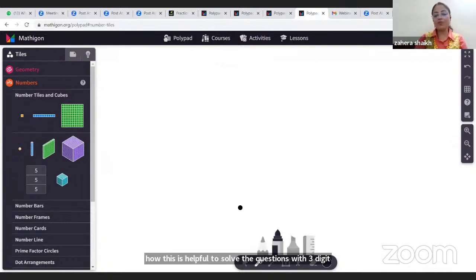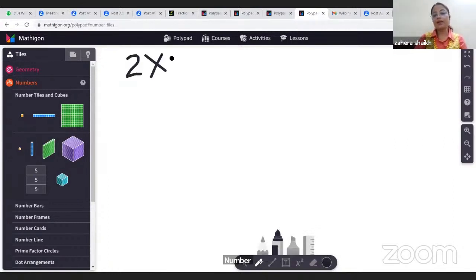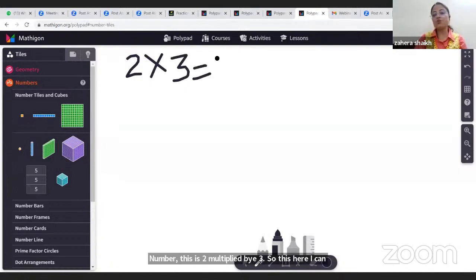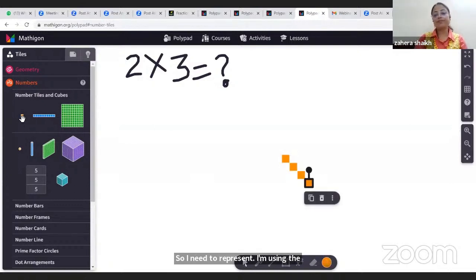So first of all, let me give you one question of 1-digit numbers. This is 2 multiplied by 3. Here I can see that I have 2 groups of 3, right? I'm using this small unit only.